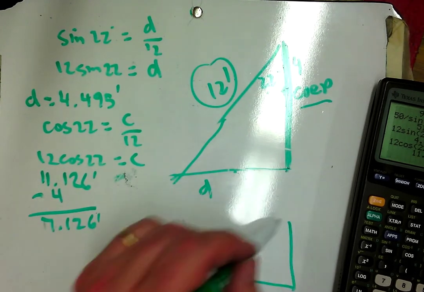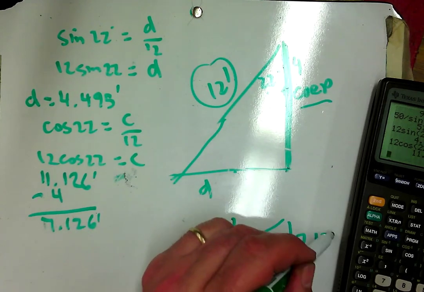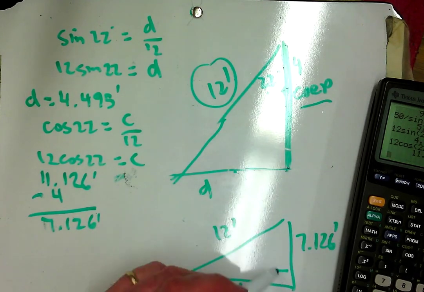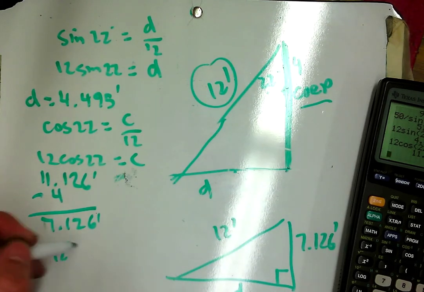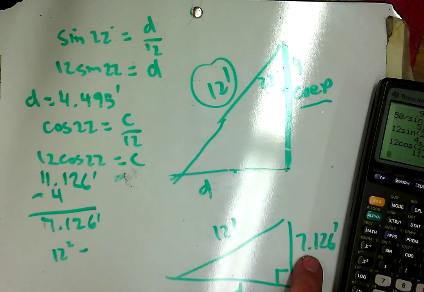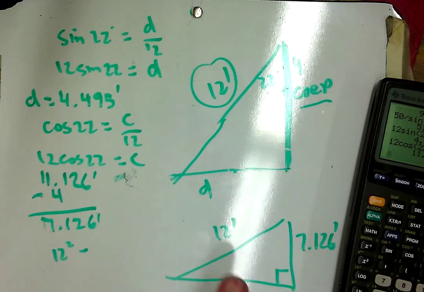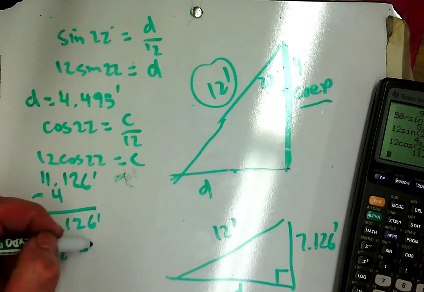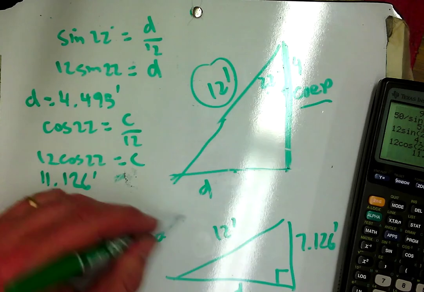Okay, so we've got this 12-foot ladder, 7.126 feet over here, and we want to know this distance. It looks like I need to use the Pythagorean theorem. But remember, it's not this plus this. This is the hypotenuse. So hypotenuse squared minus leg squared will give me leg squared. 12 squared minus 7.126 squared equals d squared.